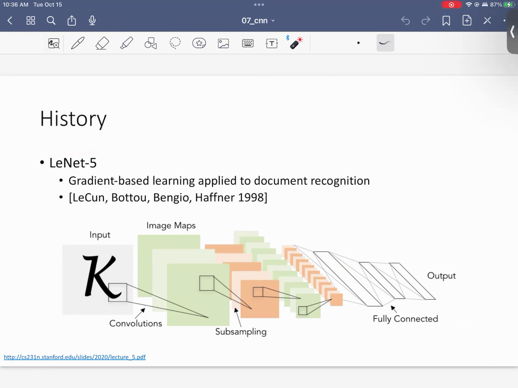This is only 5 layers. So there's the input image, and then the first convolution, which is layer 1, then subsampling in layer 2, another convolution in layer 3, and then a couple of fully connected layers, and that's it. So there are only 2 convolution operations in this LeNet-5. This is the very first one, 1998, very old.